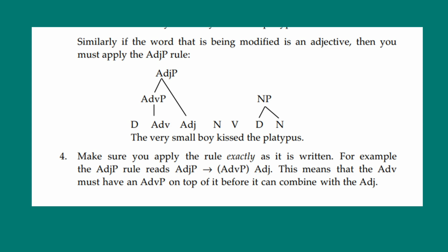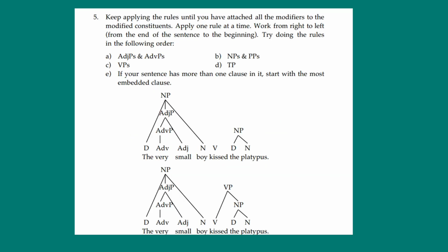Make sure you apply the rule exactly as it is written. For example, the adjective phrase rule reads adjective phrase goes to adjective. This means that the adverb must have an adverb phrase on top of it before it can combine with the adjective. Keep applying the rules until you have attached all the modifiers to the modified constituents. Apply one rule at a time. Work from right to left, from the end of the sentence to the beginning.